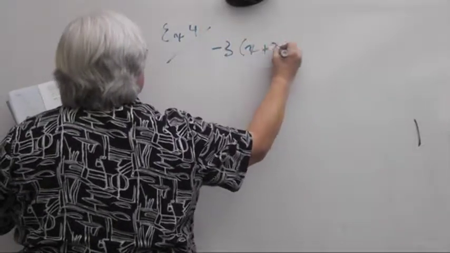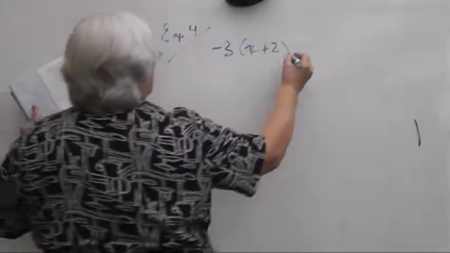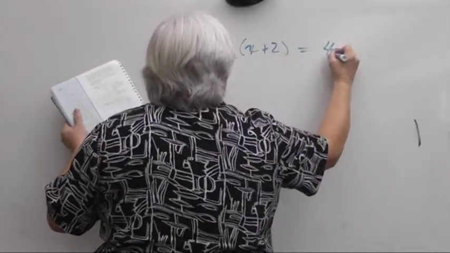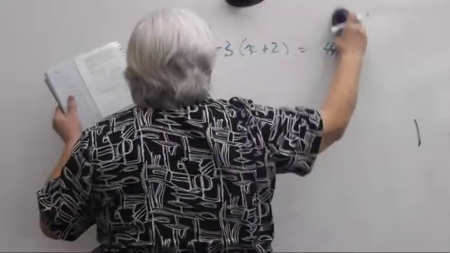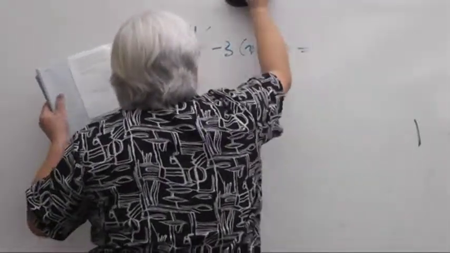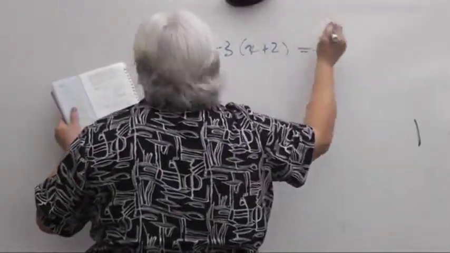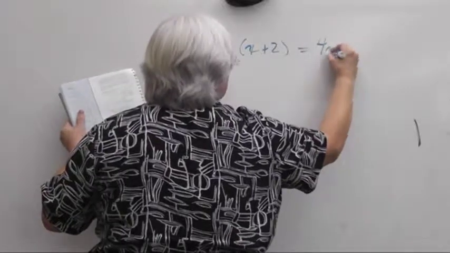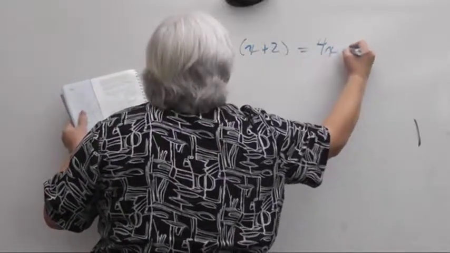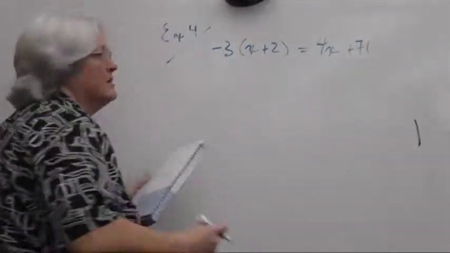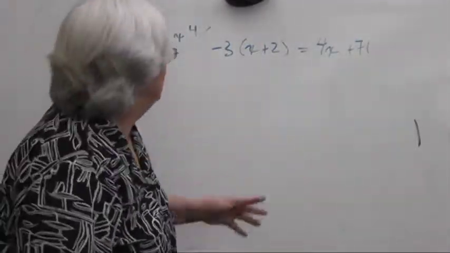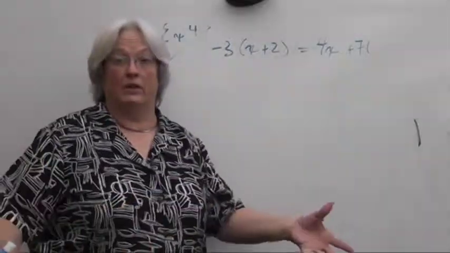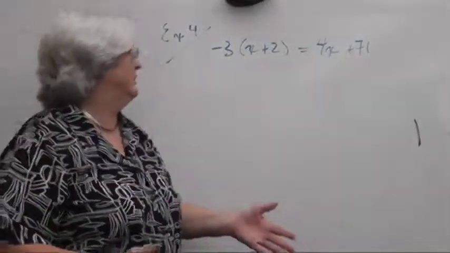When you really understand your equation and the process completely, what can tend to happen is that you drop the negative sign, and then you're so frustrated because you did the work right, but you missed the negative. 4x plus 71. This is a little bit more involved of a linear equation, but it's well within all of you guys' capacity to do.